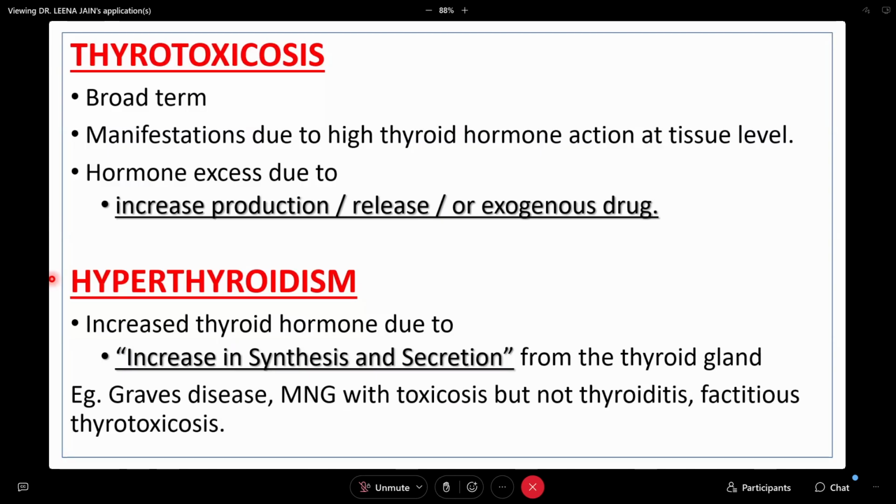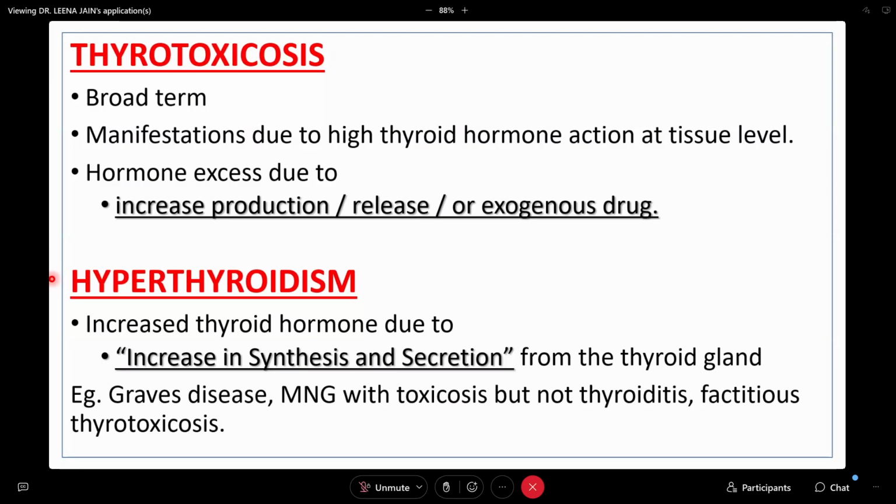It could be because of increased production, increased release, or any exogenous supply we are giving. Hyperthyroidism is one entity inside the broad term thyrotoxicosis. That is the increased thyroid hormone due to increase in either synthesis or secretion. Two S are there, synthesis and secretion.